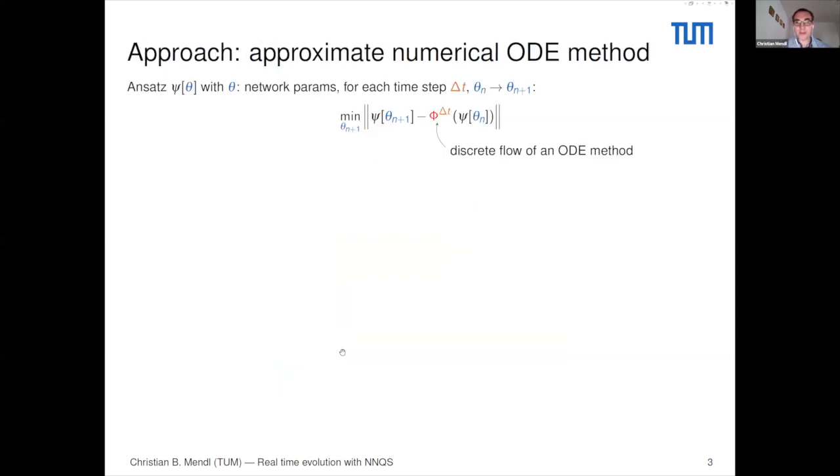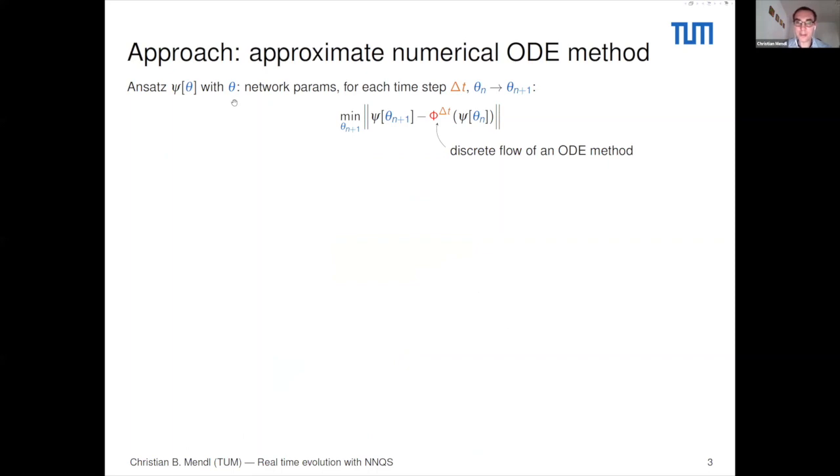The approach we explore here is somewhat similar to what Brian Clark also presented in his talk. In some sense, we want to learn the wave function at the next time step. Here we collect the parameters of our ansatz, or of this neural network, in this variable theta, and we have a new set of variables for each time step.